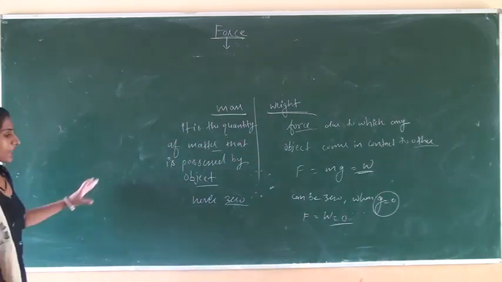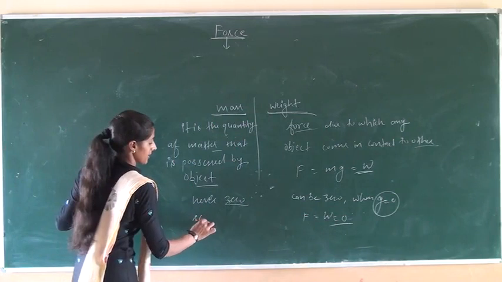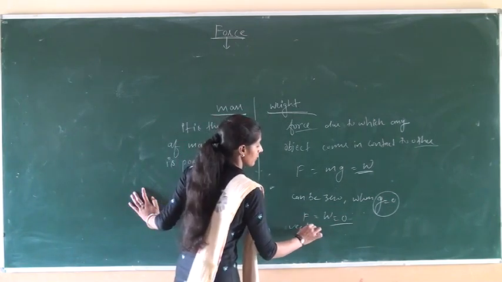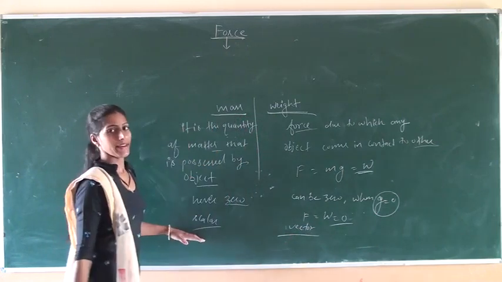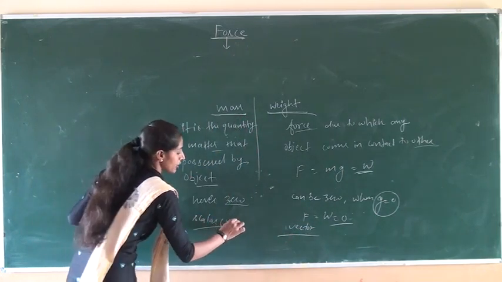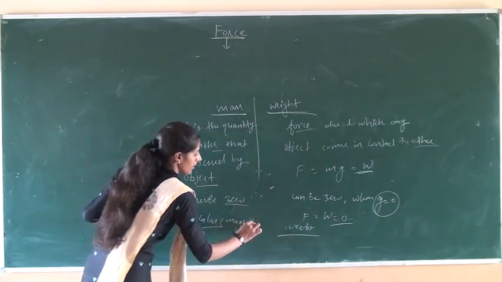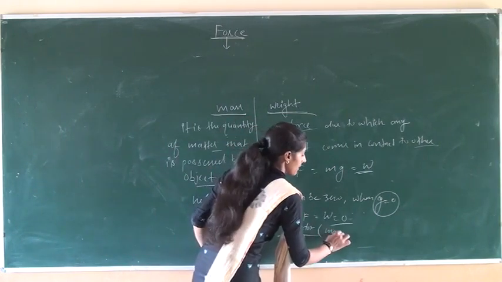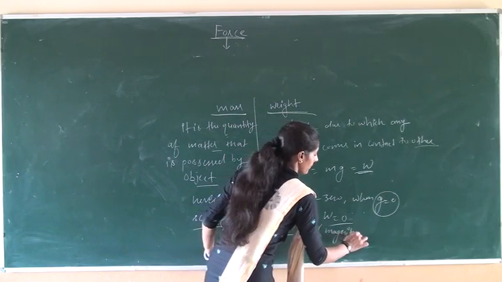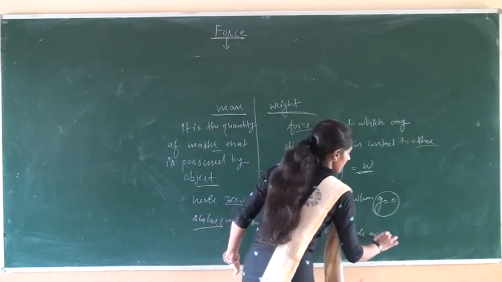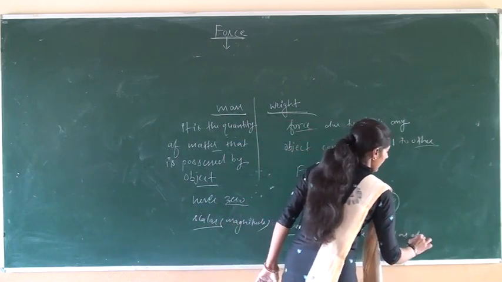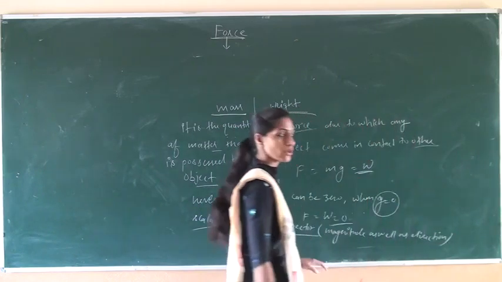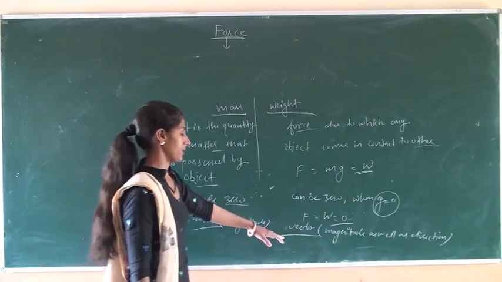After that, mass is a scalar quantity and force is a vector quantity. Scalar means it has only magnitude, but vector means it has magnitude as well as direction.